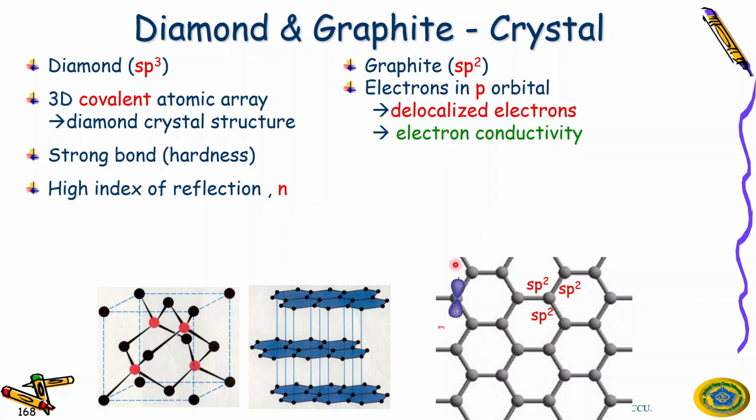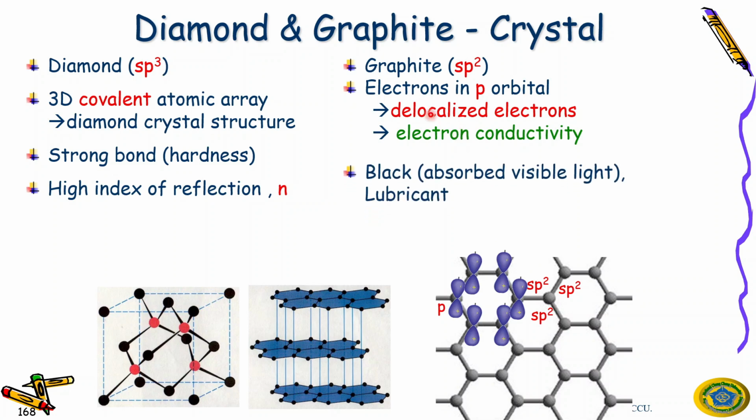You have free p orbitals in a different direction. So this is graphite and these are p orbitals. So electrons can travel through these planes because of the free delocalized electrons. Okay, that's why graphite has very high conductivity.